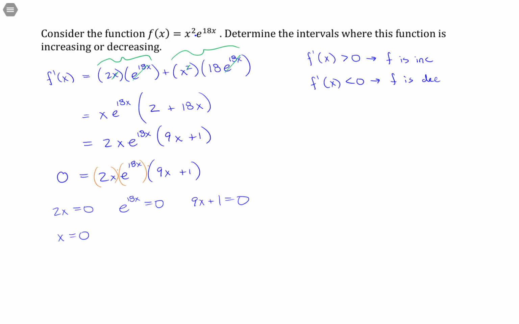The second one, notice that this is an exponential with base e. If I tried to change this into a logarithm, the reason I would do that is because there is a variable in the exponent. Whenever there's a variable in the exponent of an exponential, you switch it to a logarithm to solve.